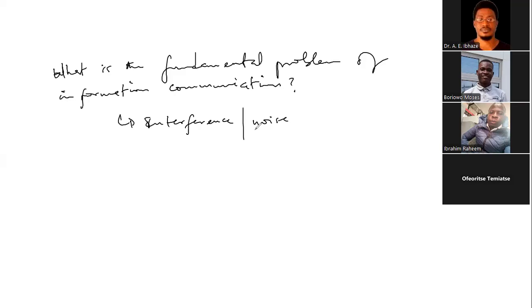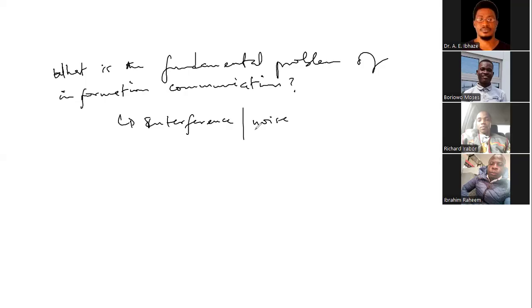Okay. And actually, I think interference also leads to producing noise, because of the two frequencies meeting at some points. And so that leads to producing noise.